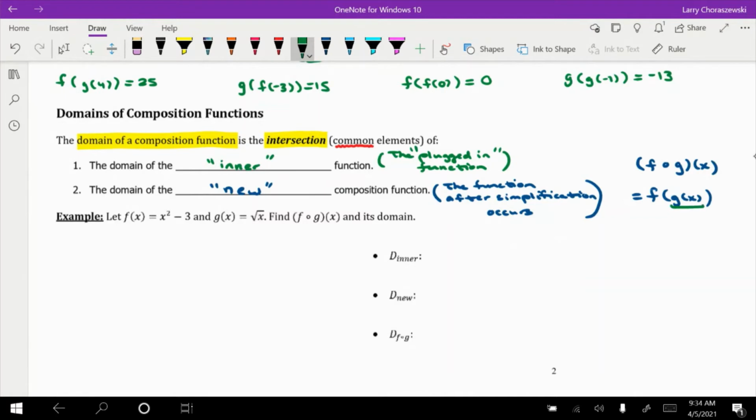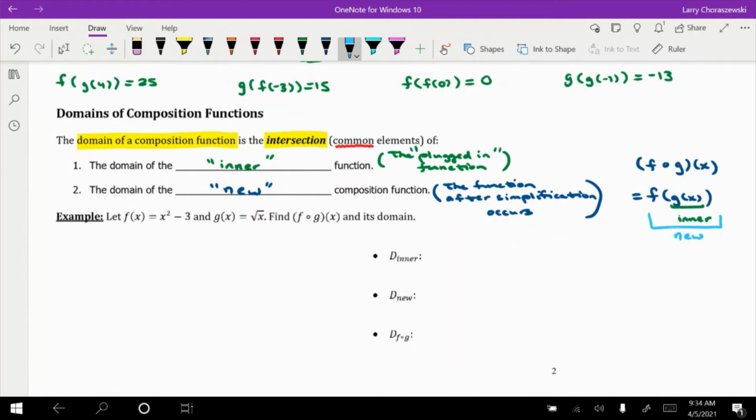And g of x in this instance would represent our inner function. Now, after everything has been simplified by plugging g of x into the function f of x, the simplified version of this expression is what I'm referring to as the new composition function.